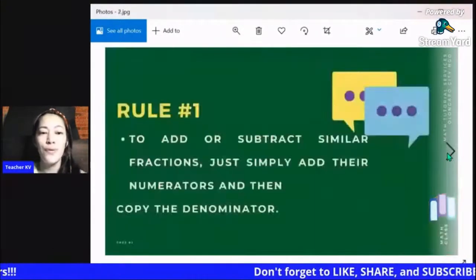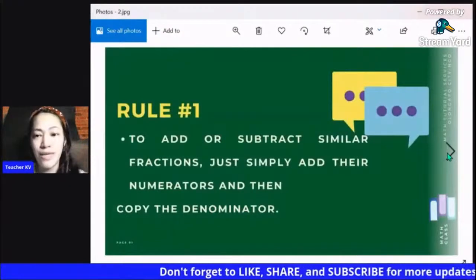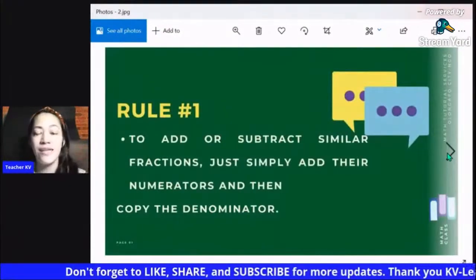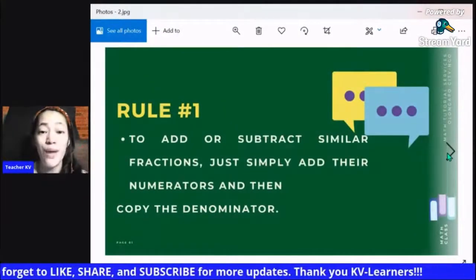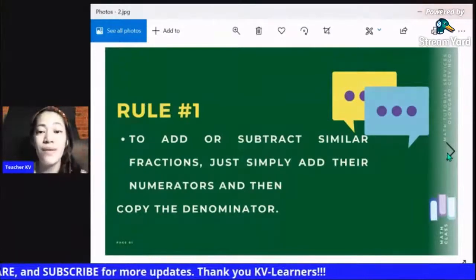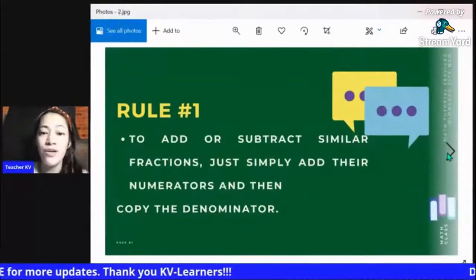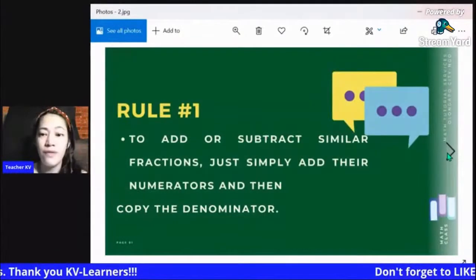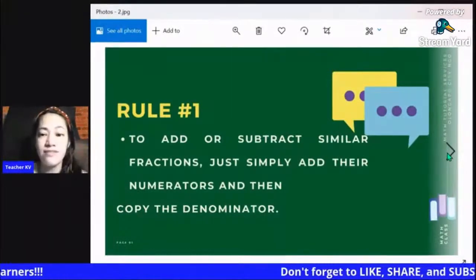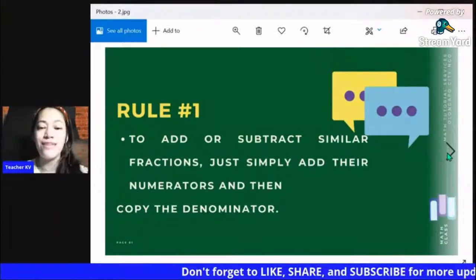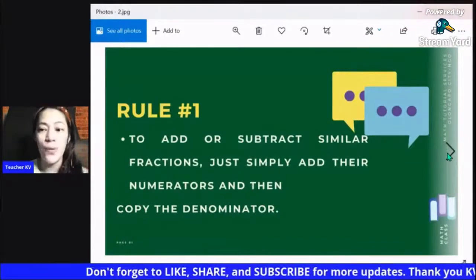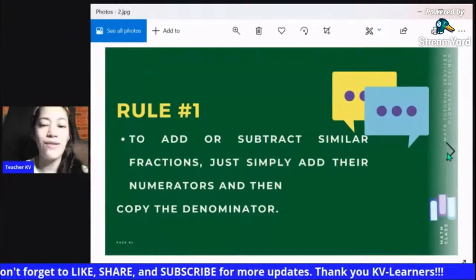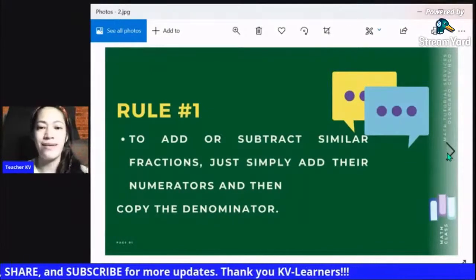So para makapag-add or subtract tayo, itataglish na natin. Meron tayong rule number one. So first, to add or subtract similar fractions, just simply add their numerators and then copy the denominator. Ayan, so yan yung ating rule number one.